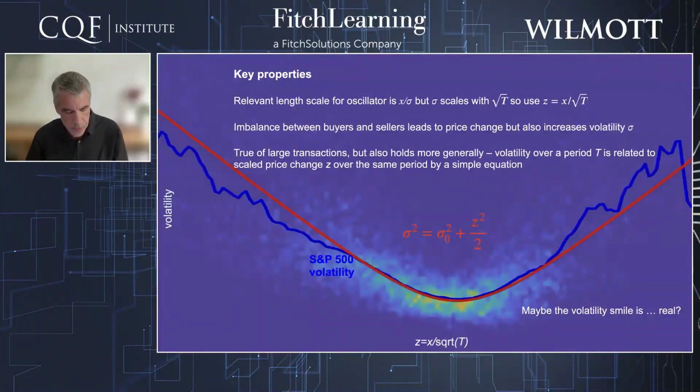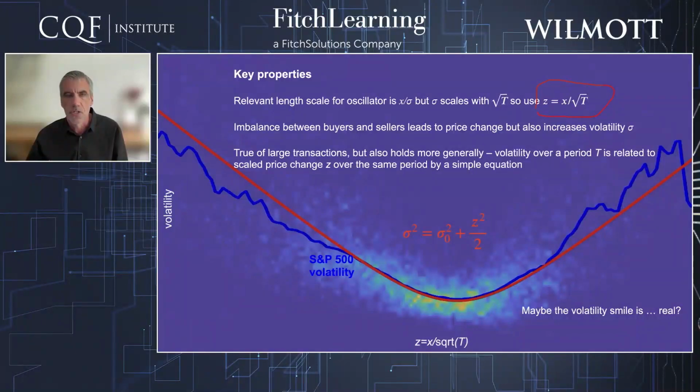Okay, so some properties of the oscillator. The main one is that the relevant length scale is x over sigma, where x is log price change. But sigma scales with the square root of t in this model, so we use z equals x over the square root of t. The imbalance between buyers and sellers, so remember that we're assuming no equilibrium, so you're allowed to have imbalances, and this leads to price change, but also increases volatility.